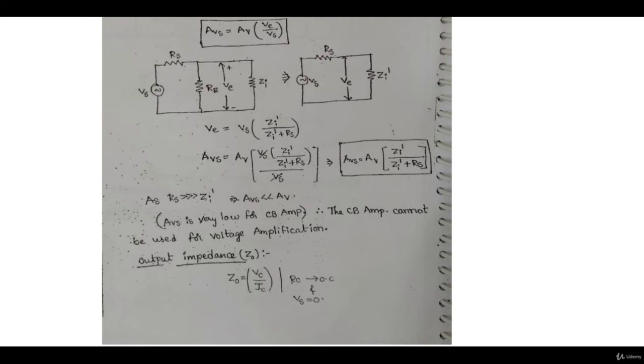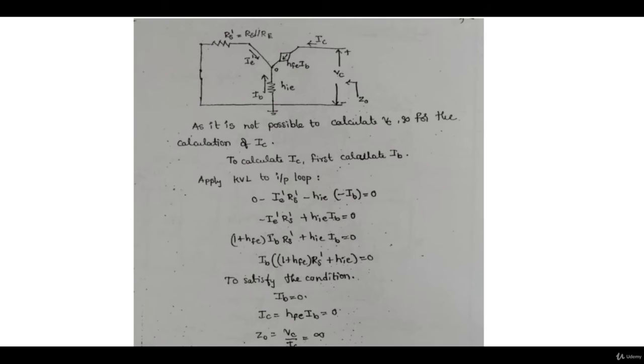Now let's look at the output impedance. Z0 will be Vc divided by Ic when the source is shorted. Here you can see the circuit with the source shorted, and the rest of the terms as they are. We have to calculate Vc divided by Ic, looking in from here. If you apply KVL here, you will get IB equal to 0.